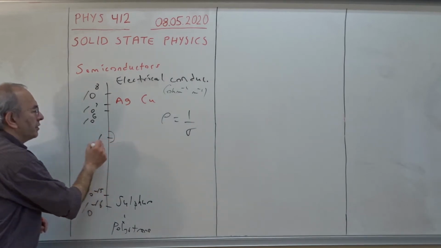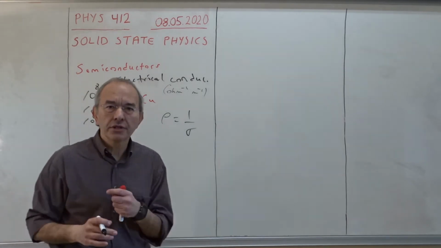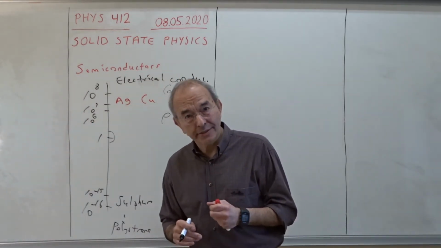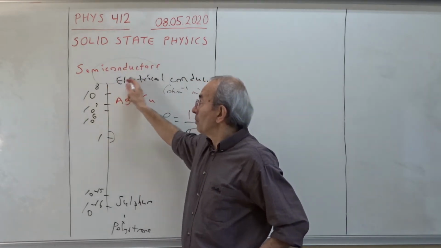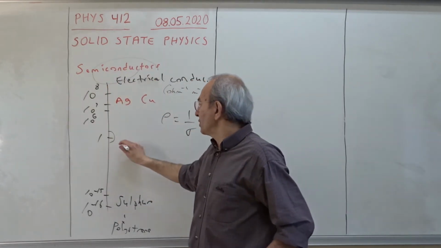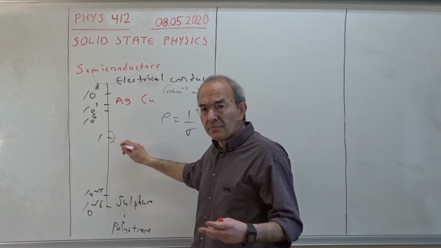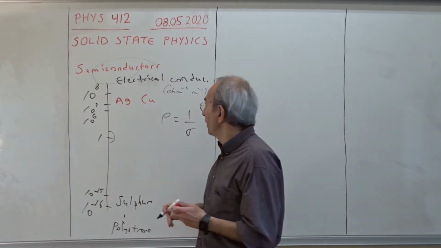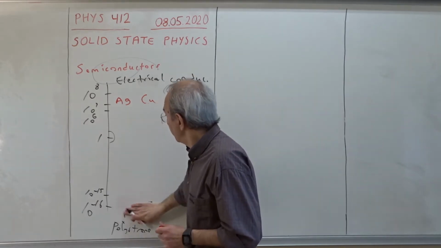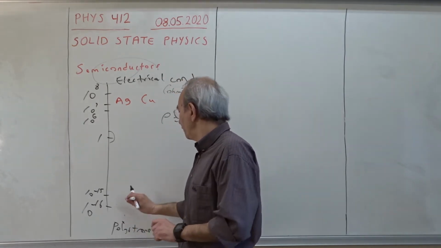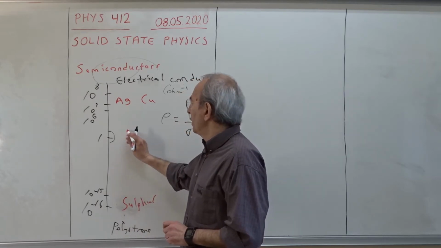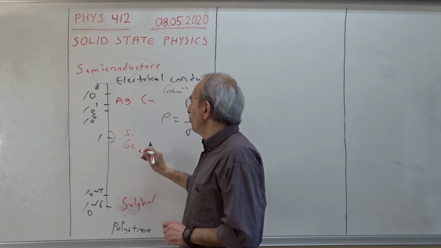And somewhere here, near the middle of this sort of logarithmic scale, we have the semiconductors, which we will talk about today. So, for example, the very widely known ones are silicon and germanium. So, silicon, let me write them in red. So, this is the sulfur, and here we have silicon and germanium.